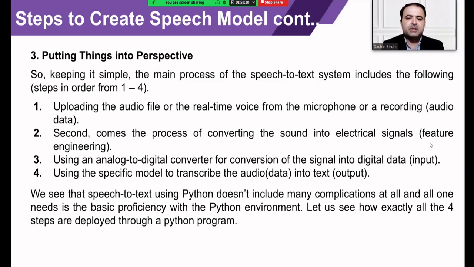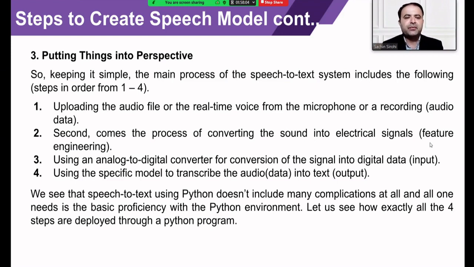Second comes the process of converting the sound into an electrical signal. Obviously, we know very well, firstly the analog and then converting it into digital. Using an analog to digital converter, the signal is converted into digital data input, and using the specific model we transcribe the audio data into text.